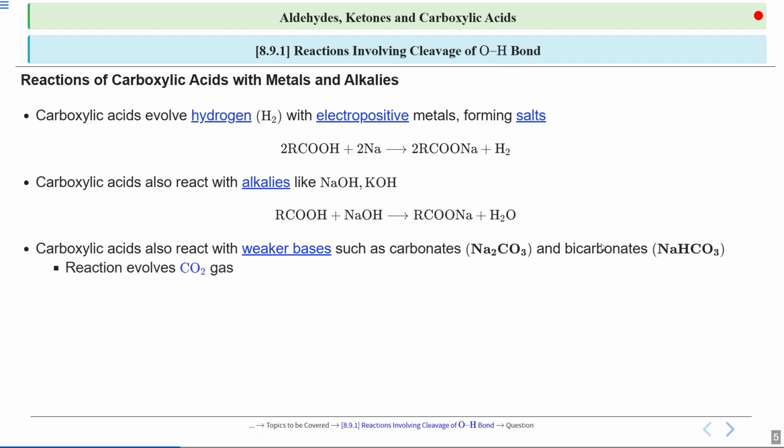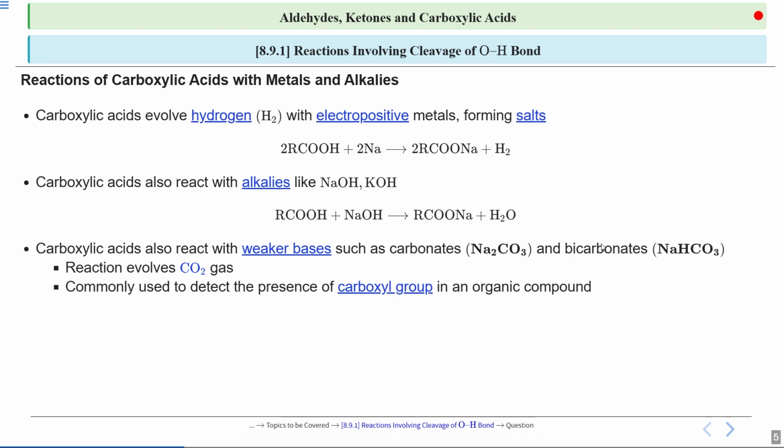In these reactions with carbonates and bicarbonates, carbon dioxide gas is evolved. This is quite similar to the fizzing you see when you mix baking soda with vinegar. If you have seen it at home, you see a fizz coming out. So this is another kind of acid-base reaction.